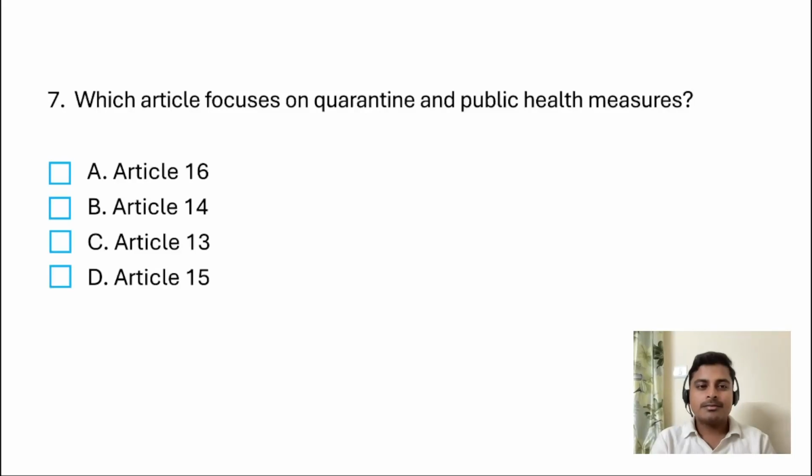Question number 7. Which article focuses on quarantine and public health measures? As we know, the aircraft entering into a state needs to follow their guidelines for quarantine or other health regulations, safety regulations, right? So Article 16 talks about search of aircraft.